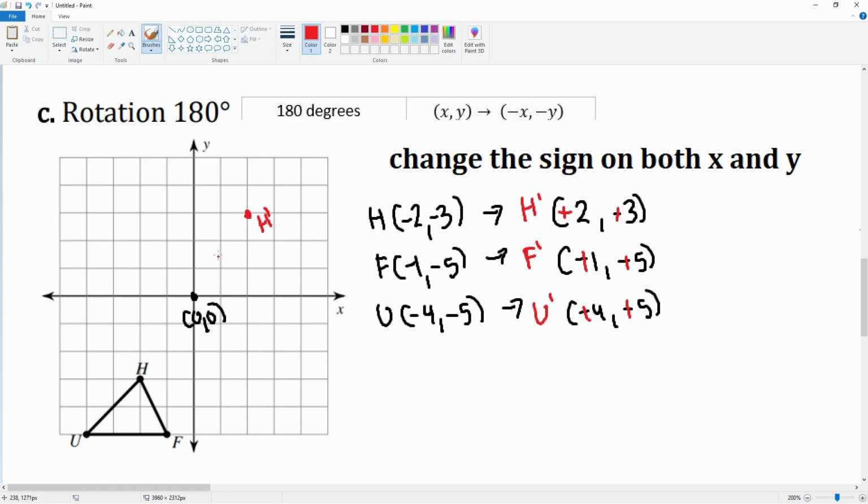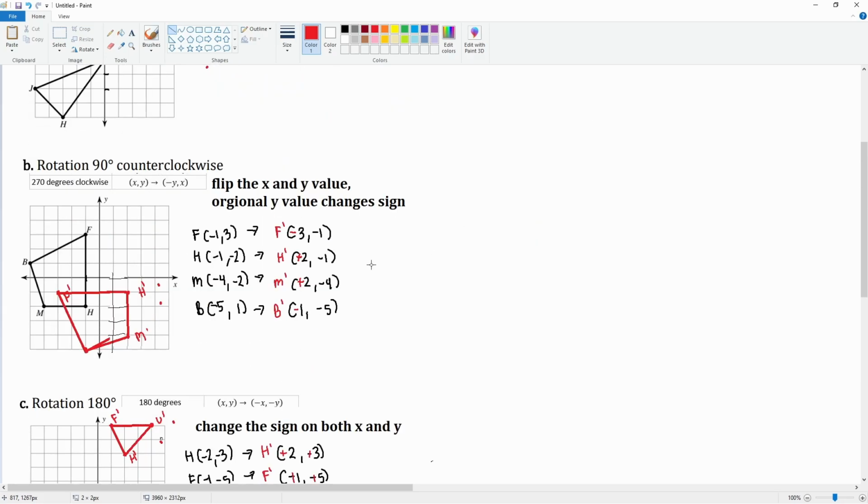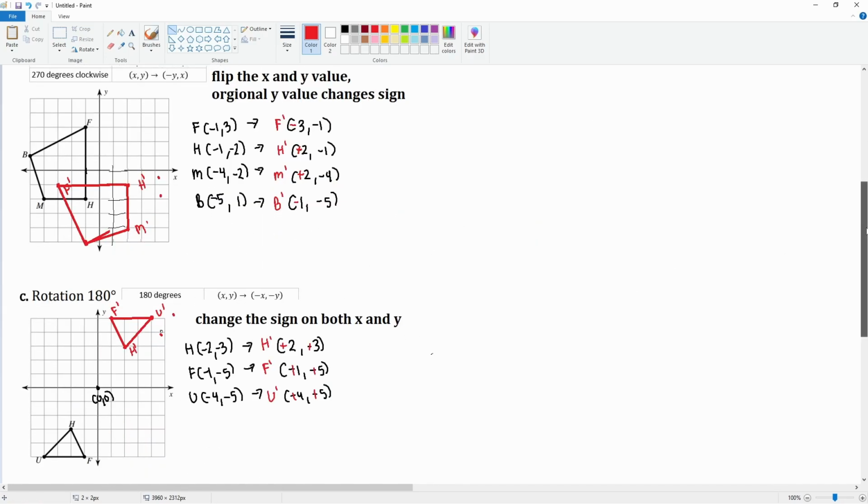This is F prime. And this is U prime. We can now connect it. All right. Here, here, and here. All right, so there you go. That is your rotation of 180. This took the longest because, again, you have to grab the original point, remember the rule, then graph the new image.